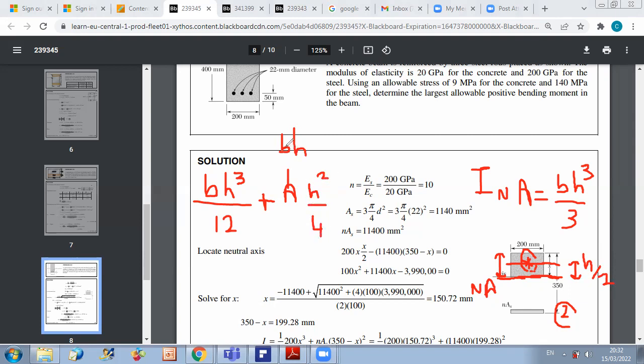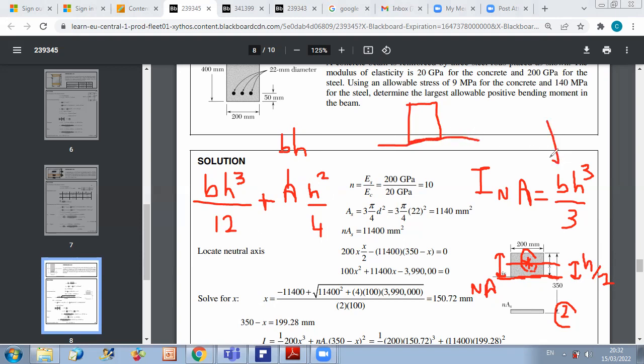And already you are multiplying by bh, so it's like adding bh cubed over 12 plus bh cubed over 4, and 1 over 12 plus 1 over 4 is 1 over 3. So in general, whenever you have a rectangle and you want to find the inertia about an axis passing by one of its sides, no need to apply the parallel axis theorem.